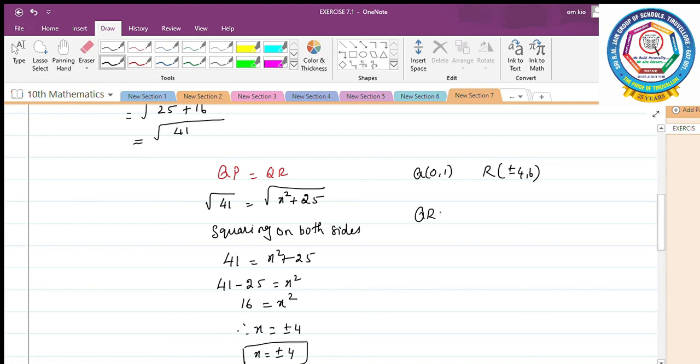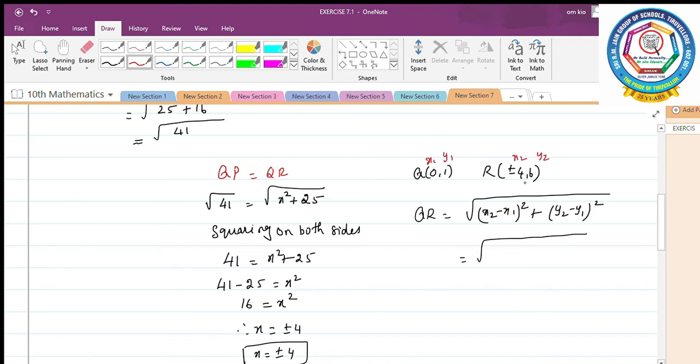Therefore, QR is equal to square root of (x2 minus x1) the whole square plus (y2 minus y1) the whole square. This is x1, y1 and this is x2, y2.